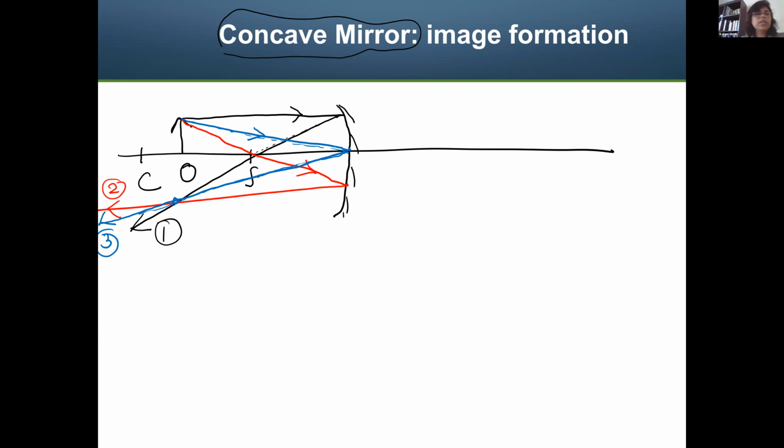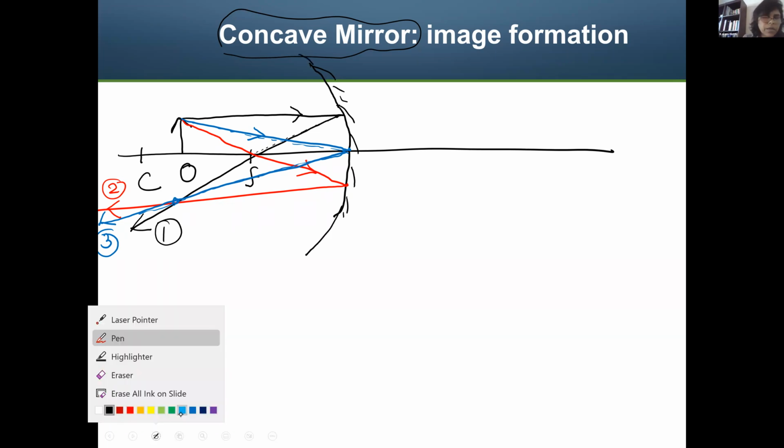Now the fourth one will be drawing through your center, because if I send a ray along the normal line, it should definitely go back on top of itself. I need to extend this mirror. You can always extend the mirror as you want to draw your diagram.